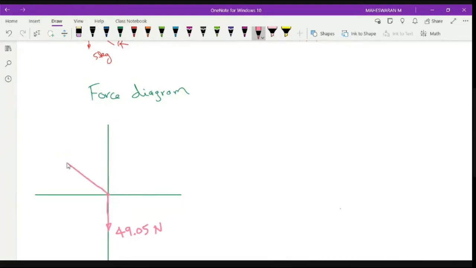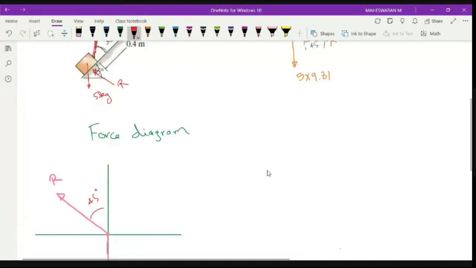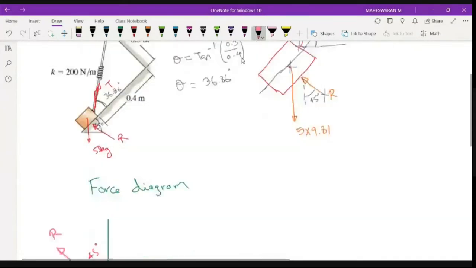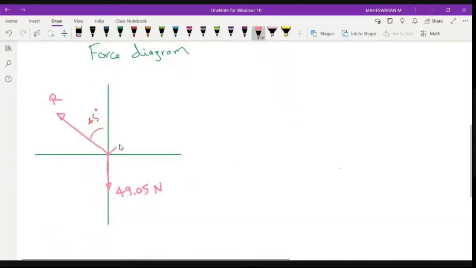Next. This force is in the second quadrant and the angle is 45 degree with respect to vertical, right? So I have R here. This R is 45 degree with respect to the y-axis, right? Another, this comes under the first quadrant, T, which is 81.86 degree. So you have T here, and this T is 81.86 degree with respect to horizontal, right?